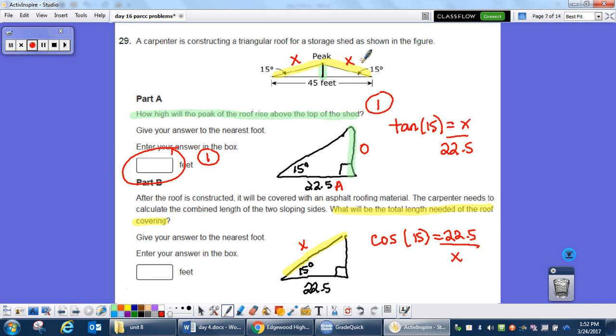So once you get your x, you can either multiply it by 2 or add it to itself. And then you need to round your answer to the nearest foot. So you will get 1 point for setting up the correct proportion, 1 point for getting the correct x, and then 1 point for getting the correct complete answer. Okay, and you'll have to solve those on your own. So this whole problem is 5 points on the Miss Bailey scale.